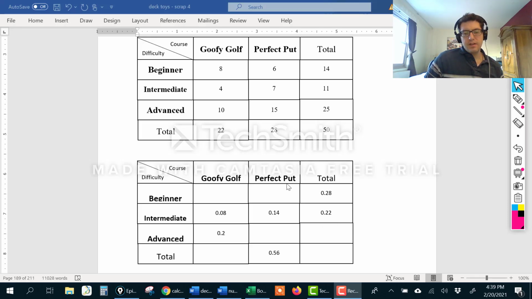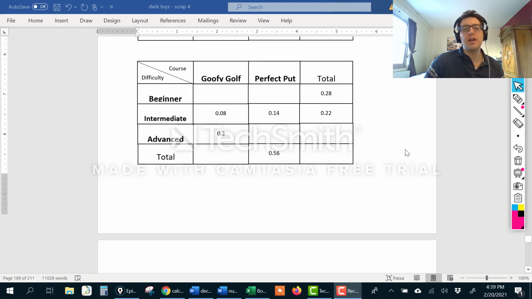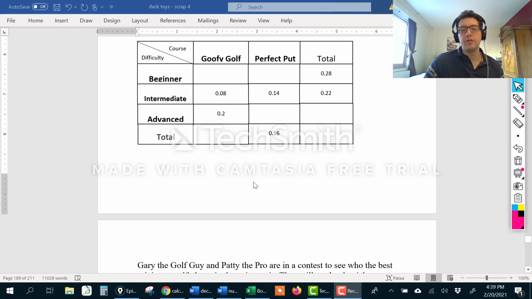Now, let's take this relative frequency table here, where some of the entries have been deleted, and let's see if we can reconstruct what this relative frequency table should be. We're also going to pretend that we never saw this frequency table, so we can't use the frequency table to help us with the relative frequency table.